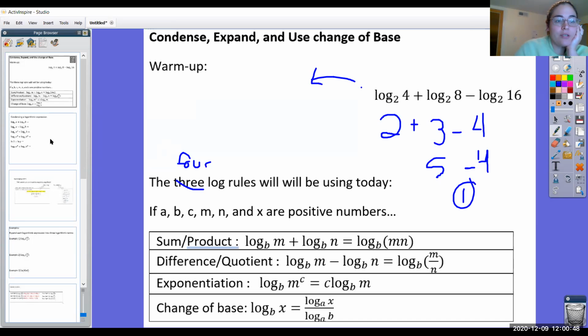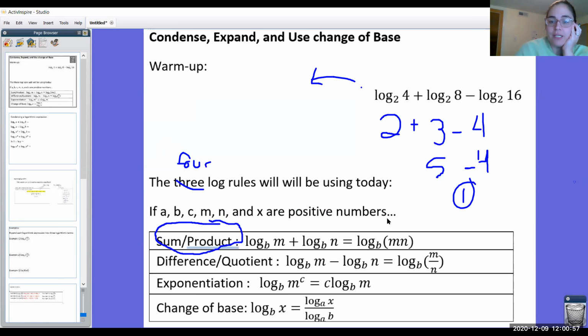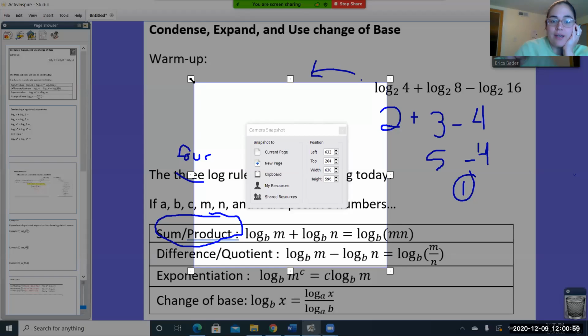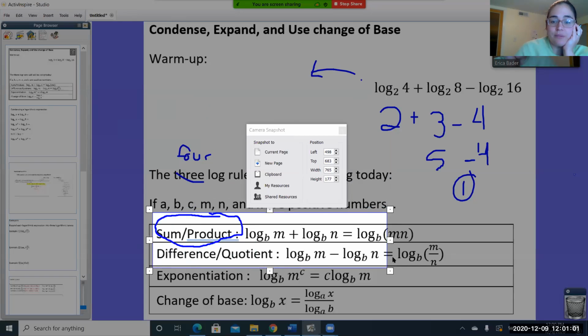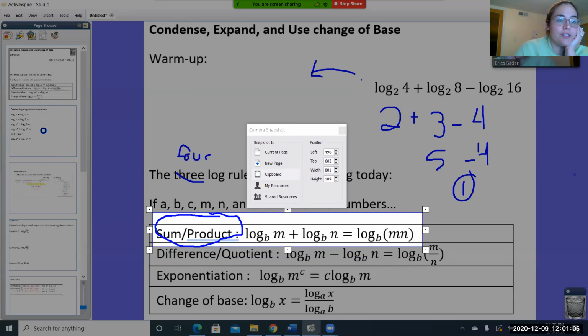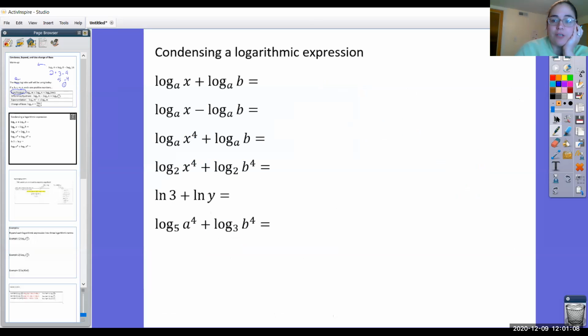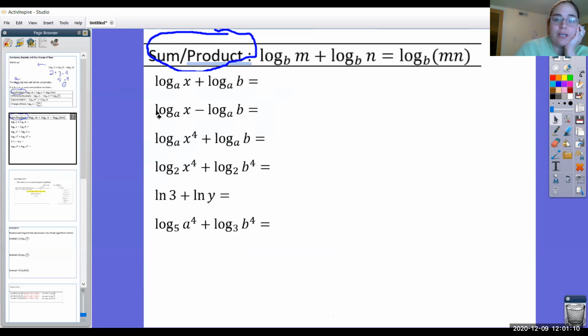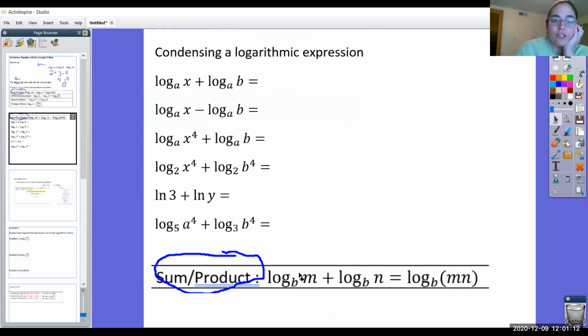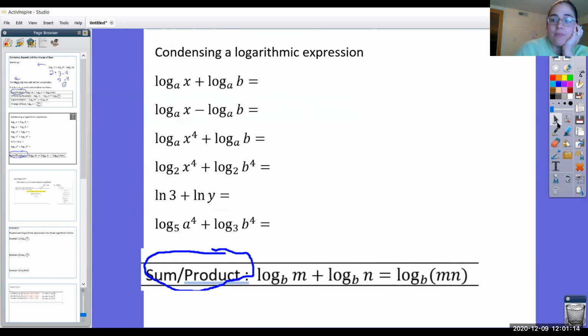Okay, so taking that sum product rule, we're going to focus on this first. I want you to keep that in mind, and we're going to talk about this on the next slide. So these are just some examples. Condense a logarithmic expression. The first one we're going to condense using the sum slash product law.